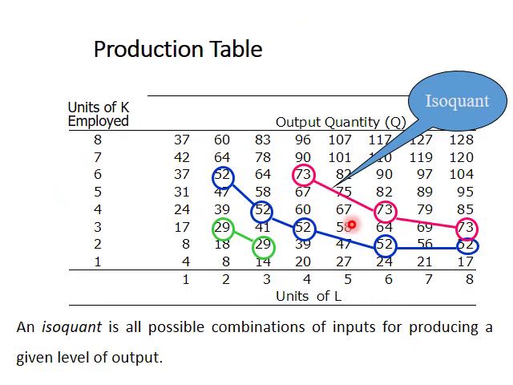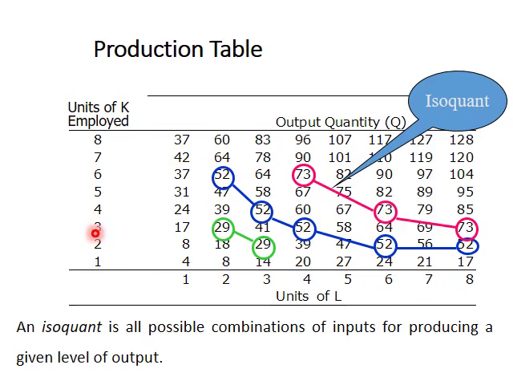And this table shows the isoquant. Isoquant is all possible combinations of the inputs which produce a given level of output, the same level of output. For example, when we combine 6K with 4L, we get 73. And when we combine 4K with 6L, we get the same output, that is 73.